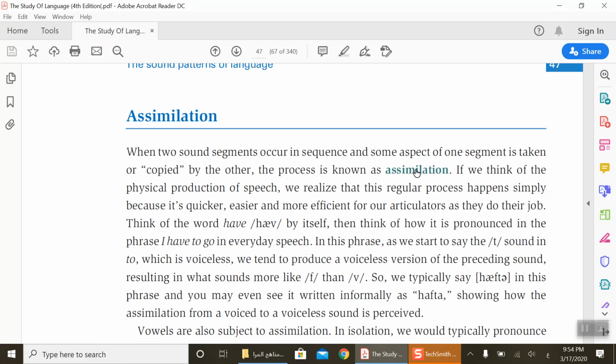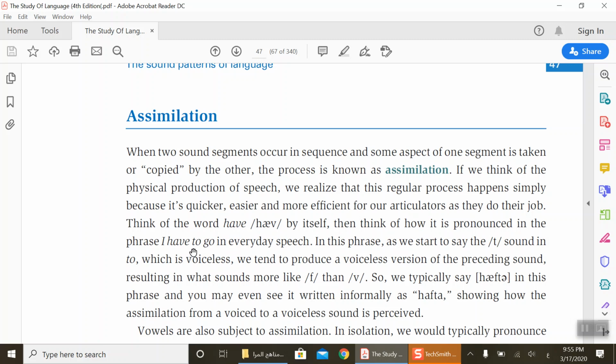So this is assimilation. If we think of the physical production of speech, we realize that this regular process happens simply because it is quicker, easier, and more efficient for our articulators. For example, think of the word "have" by itself, then think of it as pronounced in the phrase "I have to go".